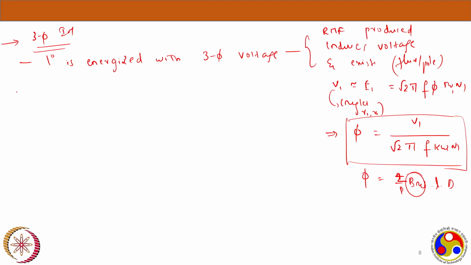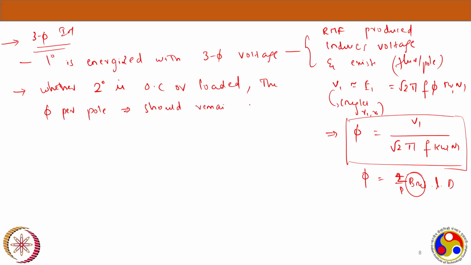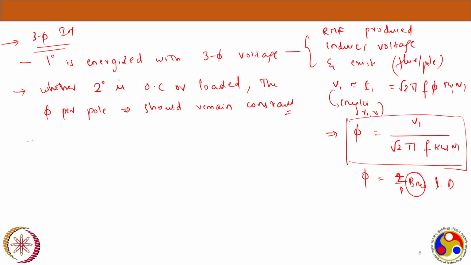Whether the secondary is open circuited or in loaded condition, the flux per pole should remain constant.